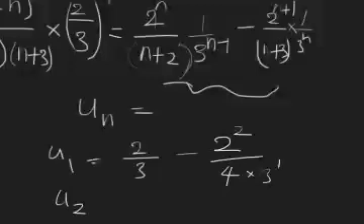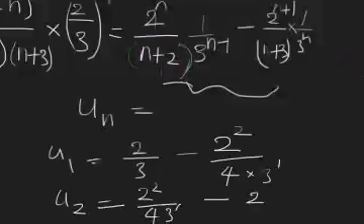The second term by plugging 2 into the equation. Then here look at this, 2 squared over 4 times 3 to the power 1 minus a new term, 2 to the 3. I think you might love this problem.